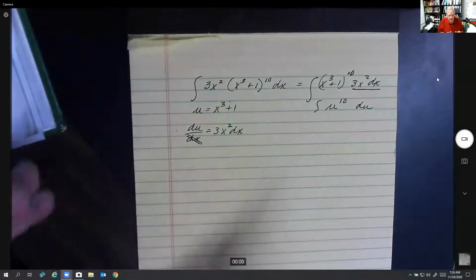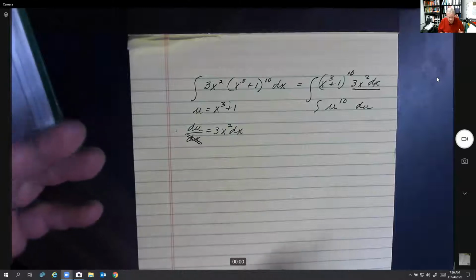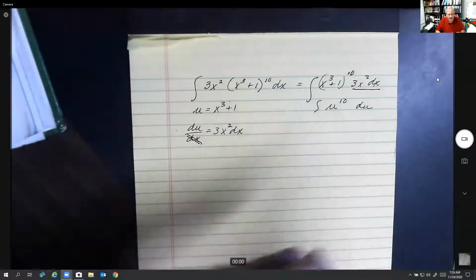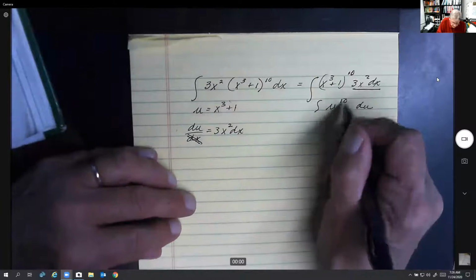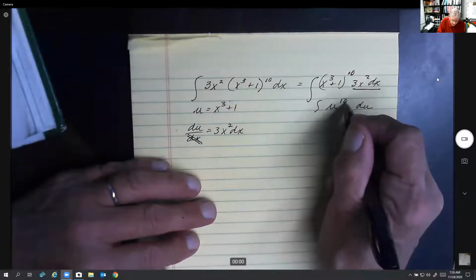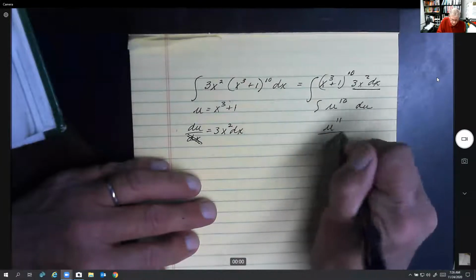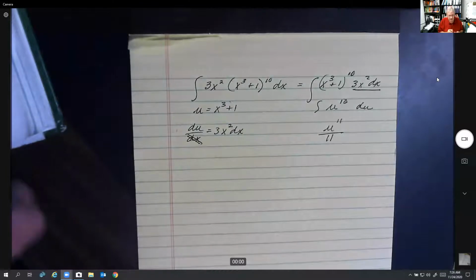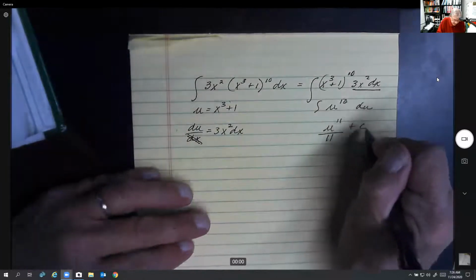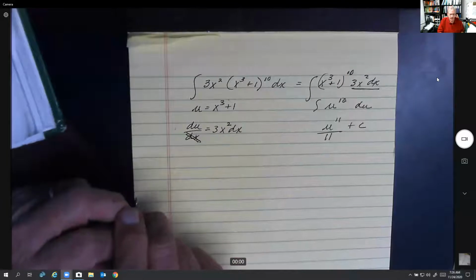Well, now we got to go back to antiderivative mode. We were in derivative mode. Now we got to think of integration mode. So how do we do that? Well, remember, we're going to add 1 to the power and then put it over that number. So it's a little confusing because you're thinking derivatives, now you're thinking antiderivatives in the same problem.